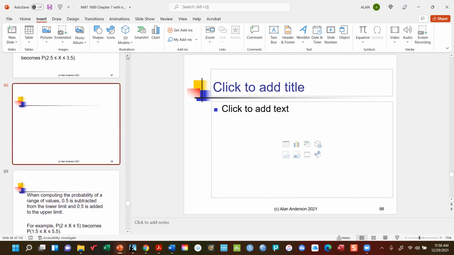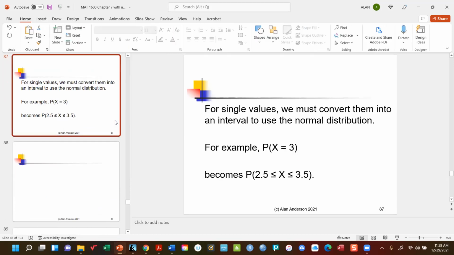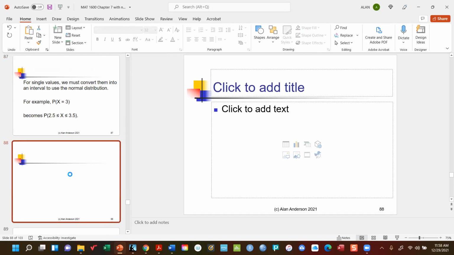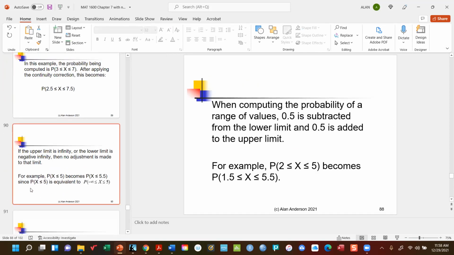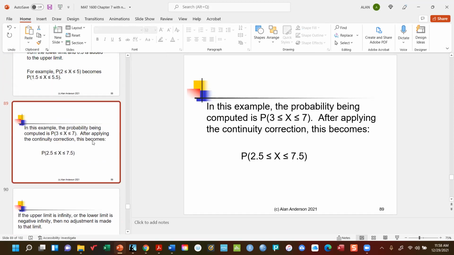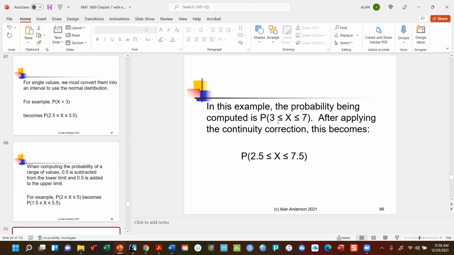Okay, let's see. All right, let's work through this example. So the 3 to 7 is converted into 2.5 up to 7.5.